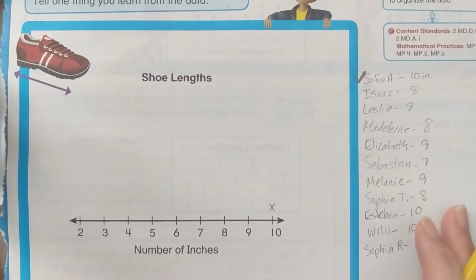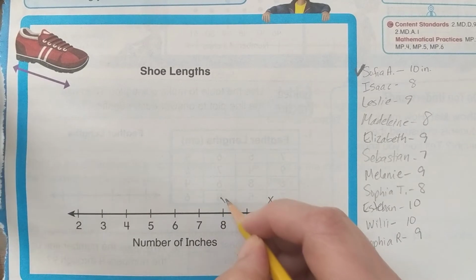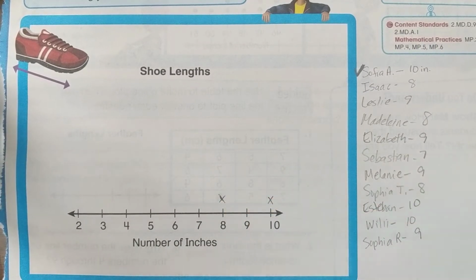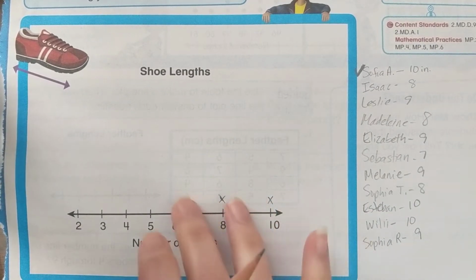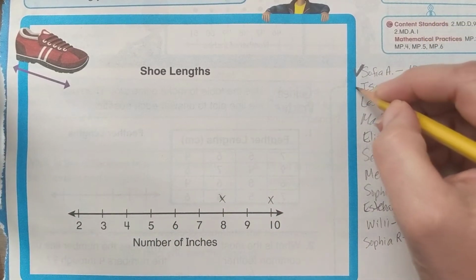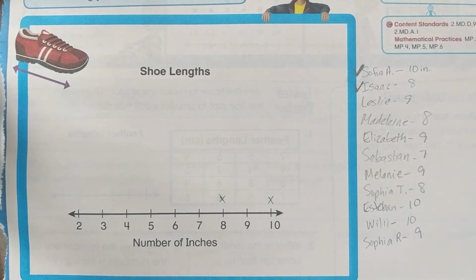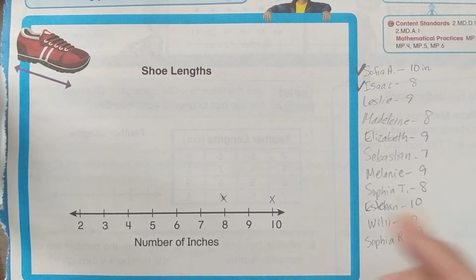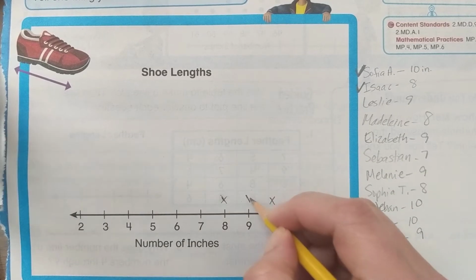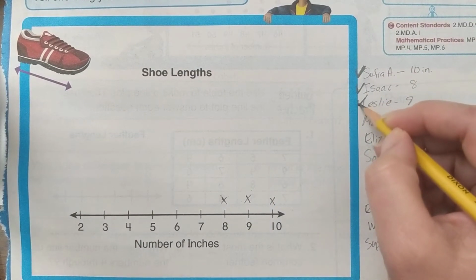Isaac was 8. So I'm going to go above here, 8, and I'll put an X above the 8. Okay, trying to keep my X's in the same level here to make it neat. I'm going to check mark above Isaac's name that I've done him. Leslie was 9, so I'm going to find the 9, put an X on top of 9, and check mark Leslie's name.